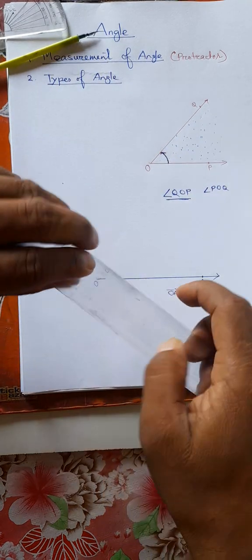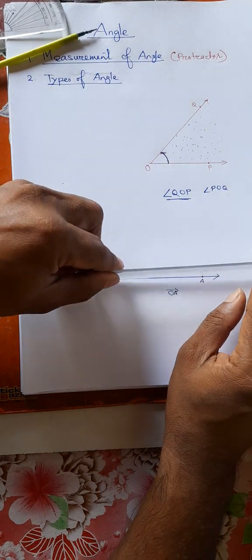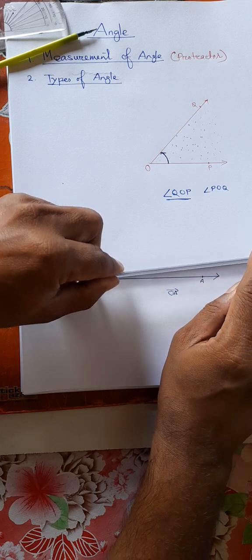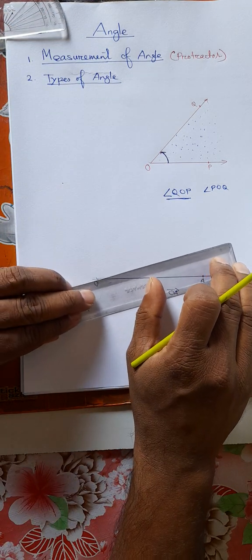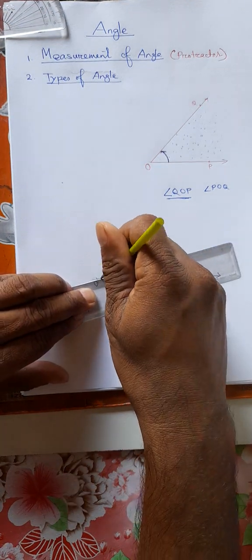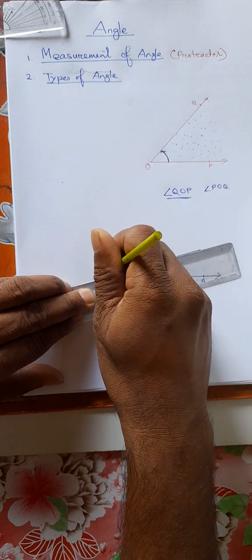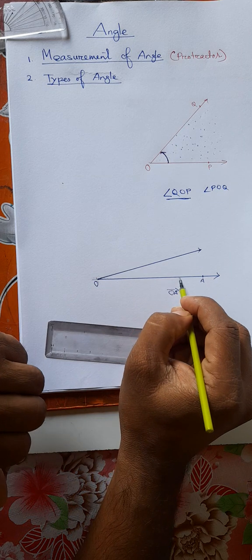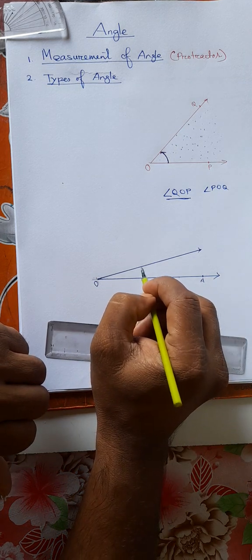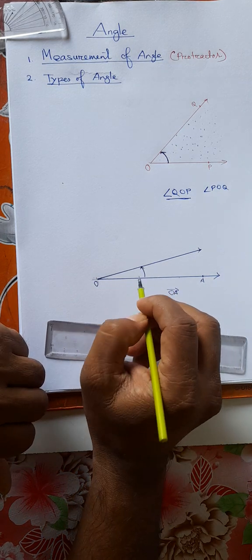Suppose at some point of time you got here. So you rotate this ray in the anti-clockwise direction, and finally you got here.